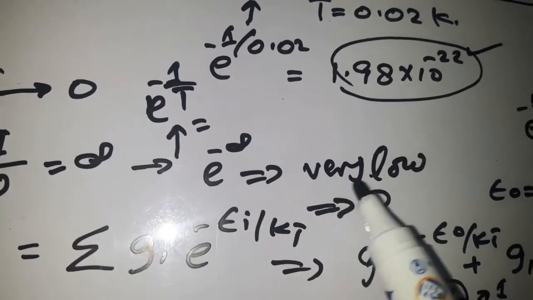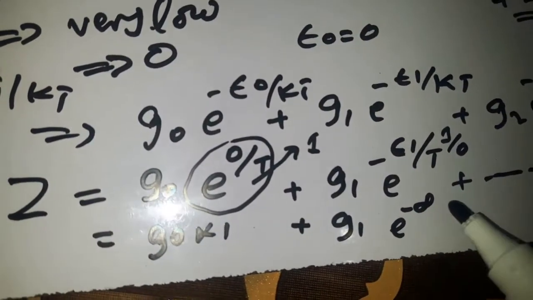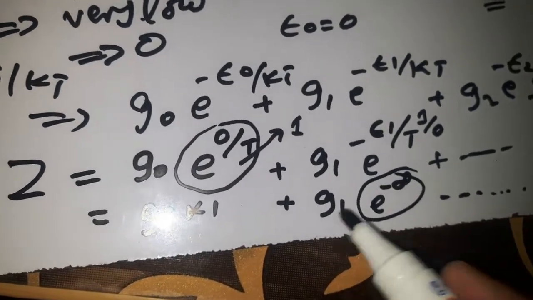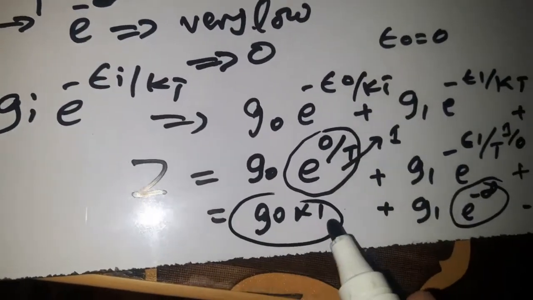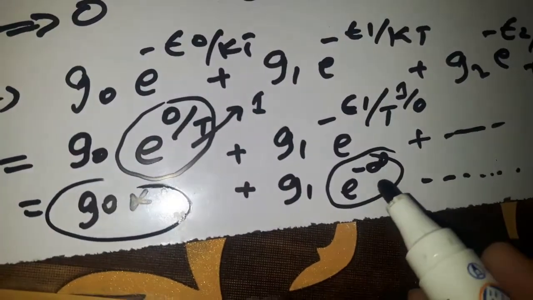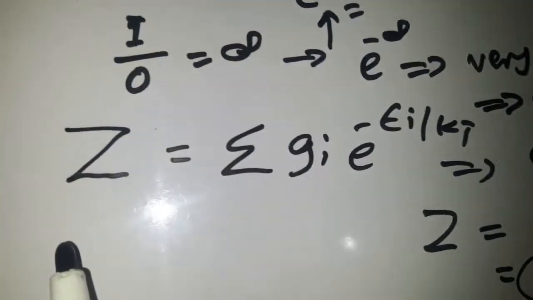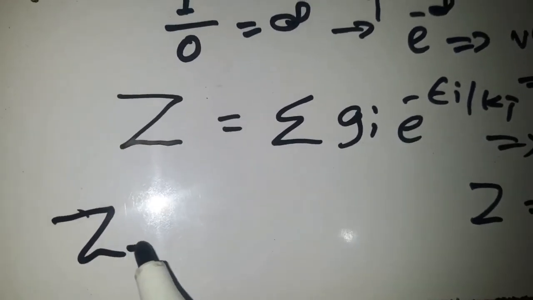So all the remaining terms will give us 0. We have only this first term remaining, because it is 1, and all the other terms are giving us 0.